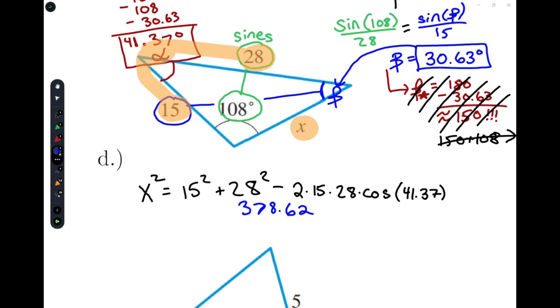But we're not done, because that's actually x squared. So I need to take the square root of the answer, and I ended up with 19.46, which really does check out with my triangle.